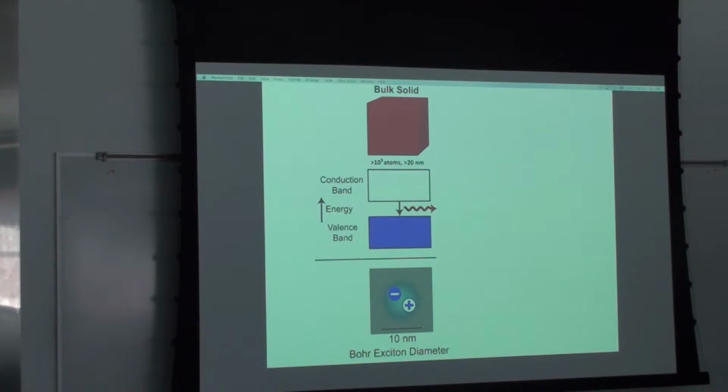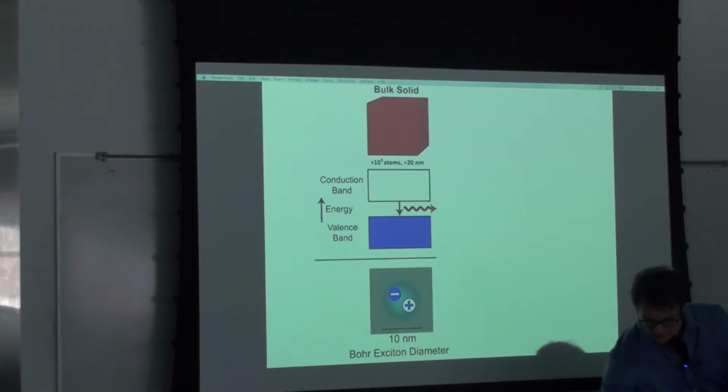And they form what's called an exciton. An exciton is an electron-hole pair. And it looks almost exactly like a hydrogen atom. A hydrogen atom contains exactly one proton and exactly one electron. And that's actually exactly how we model this. We model this from a quantum mechanical perspective as a hydrogen atom.